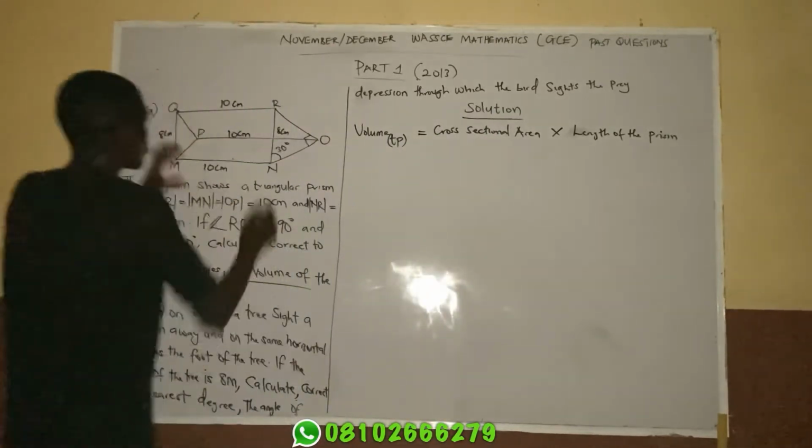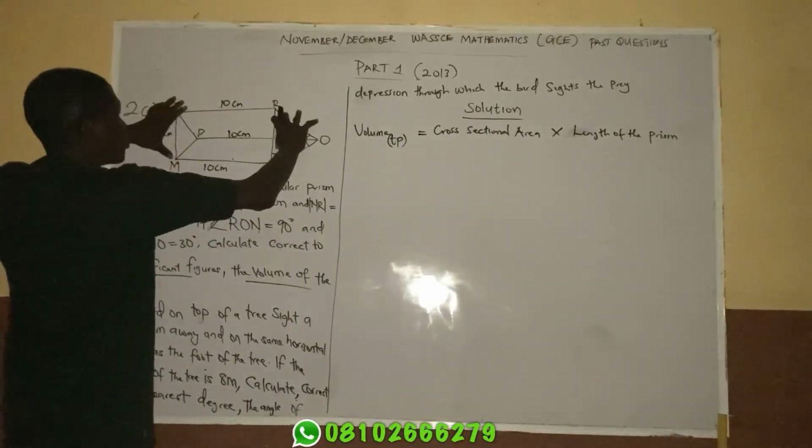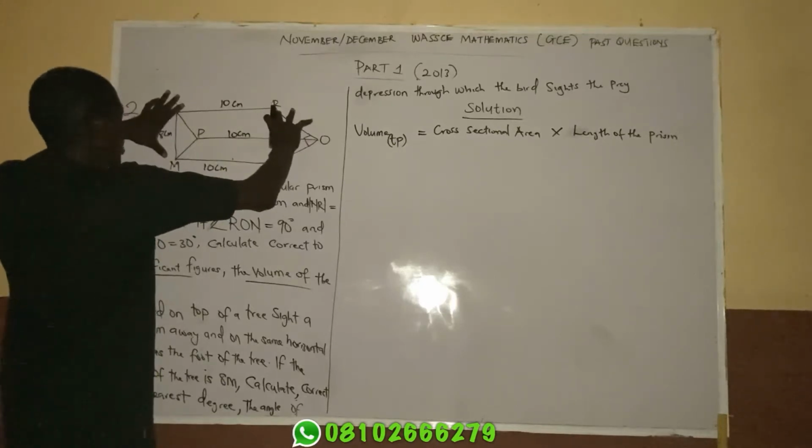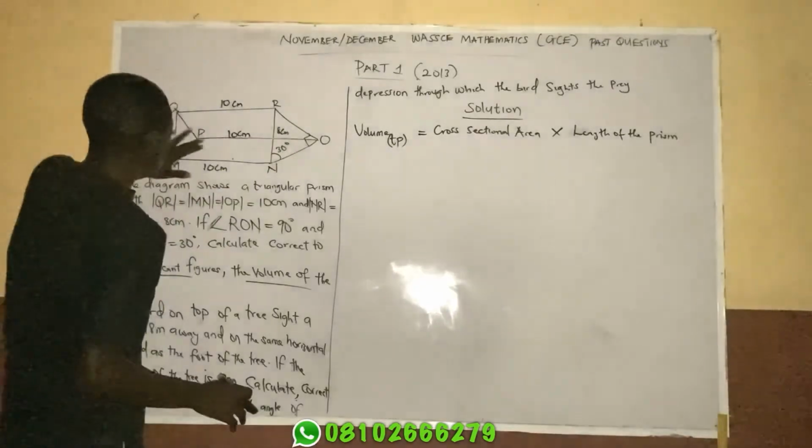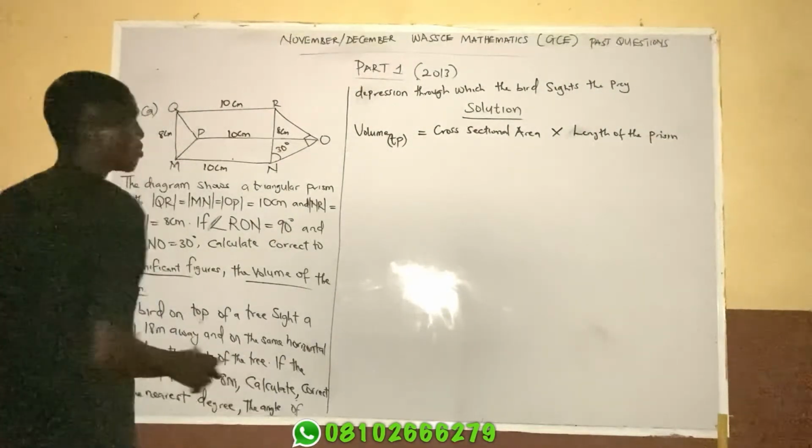And the cross-section here is a triangle. That is the length of the triangular prism.